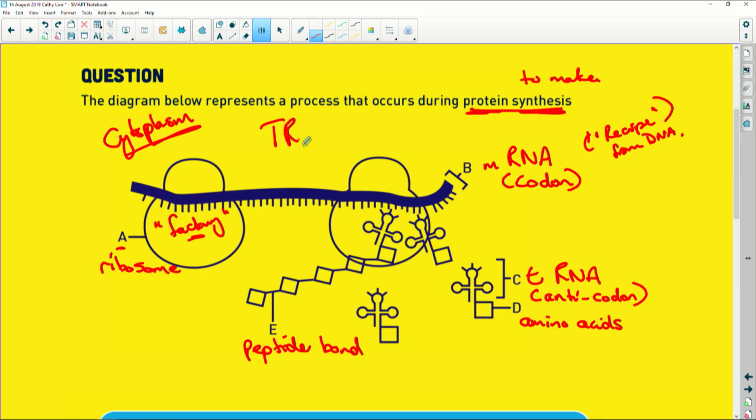Remember, in transcription DNA makes RNA, those free RNA nucleotides floating around code for the messenger RNA, and during translation, which is what's happening here, we are translating what the messenger RNA codon is bringing from the DNA, because the DNA has the recipe.